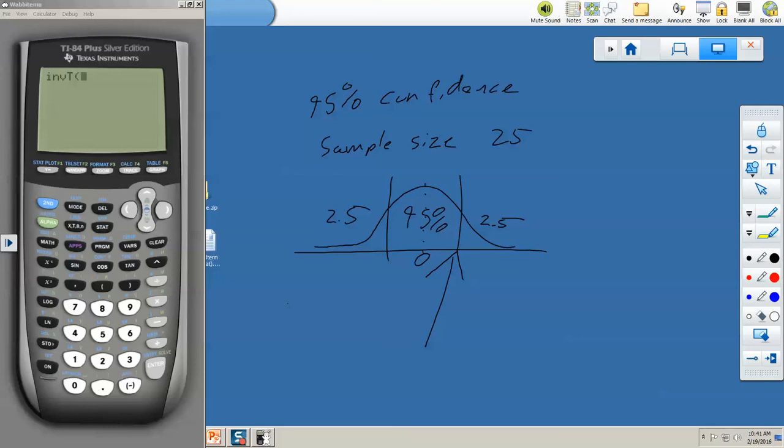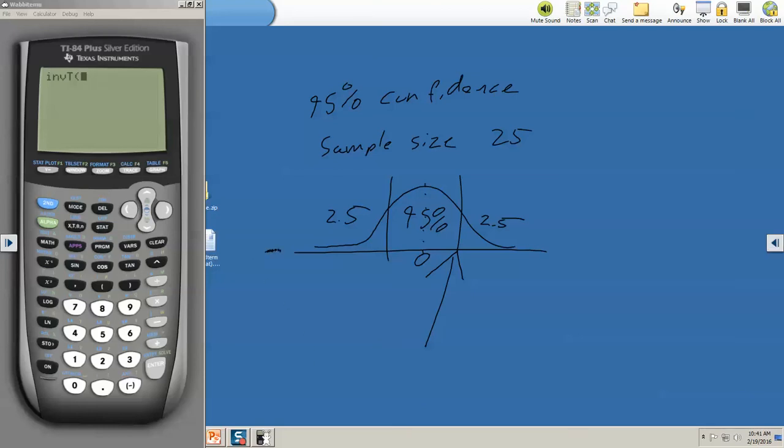What your calculator does is it starts way over here on the negative side, and it goes, I'm going to take the area underneath the curve, and I'm going to continuously add it up until I get to 50%. And so if I were to put 50% in there, it's going to give me 0, because I continuously added up the area beneath the curve until I got to 50%.